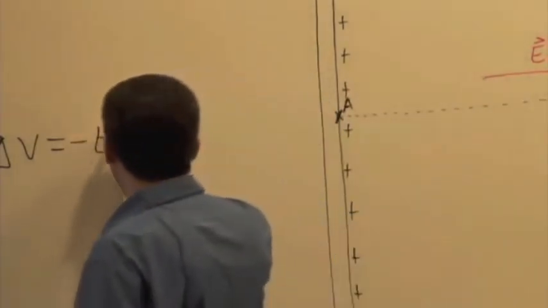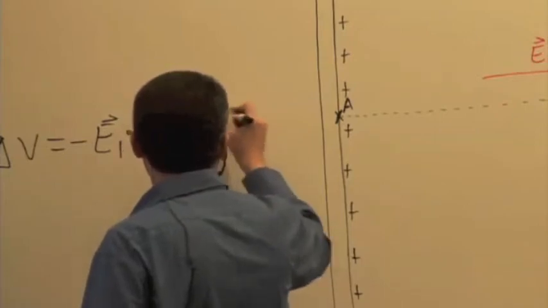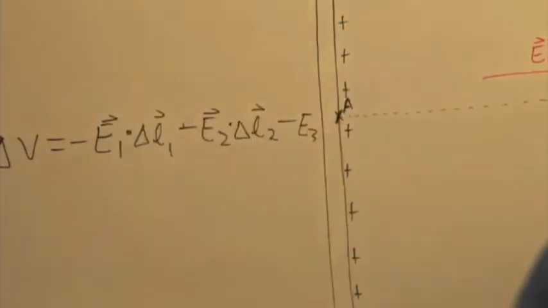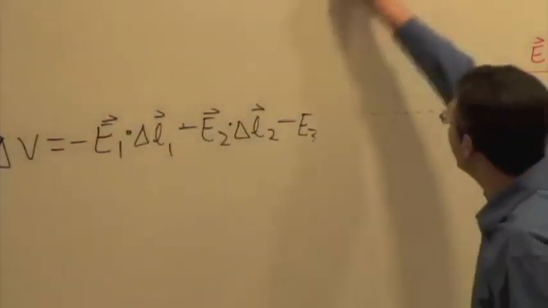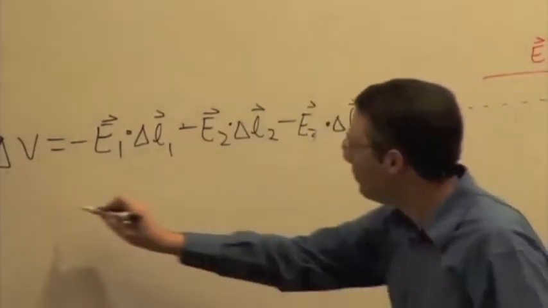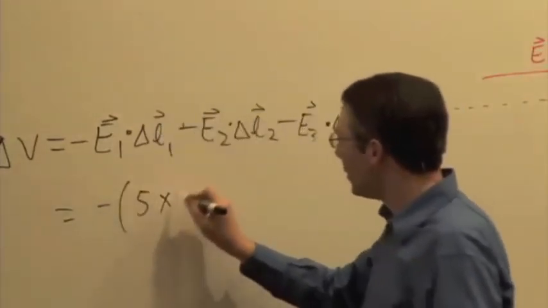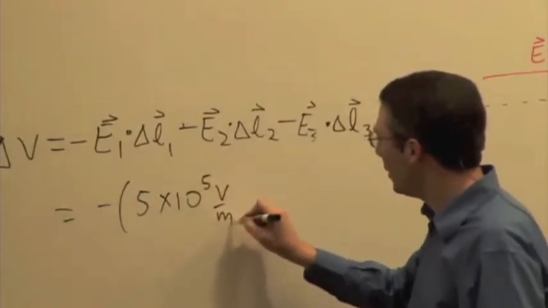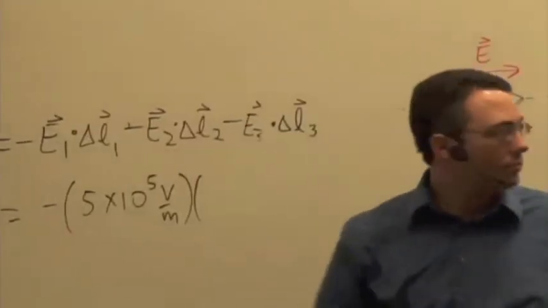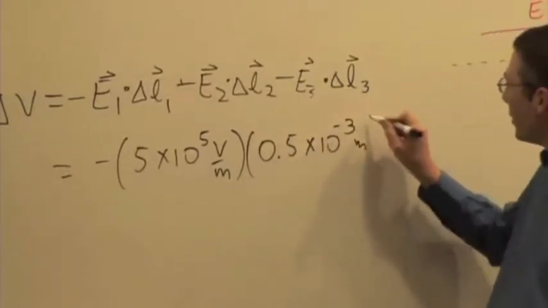So we have E1 dot delta L1, minus E2 dot delta L2, minus E3 dot delta L3. The X component of E1 is 5 times 10 to the 5th volts per meter, and the distance across that first region is half a millimeter, 0.5 times 10 to the minus 3 meters.